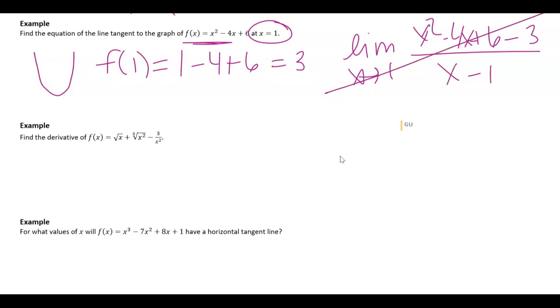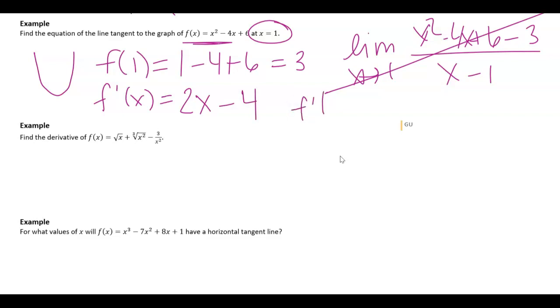No longer. I can say f prime of x, I'm finding the generic form of this derivative, is the derivative of x squared, bring the power down, x to the power of 1, I'm just going to leave it, minus, the derivative of a number times x is just that number, plus 0, because the derivative of 6 would be 0.